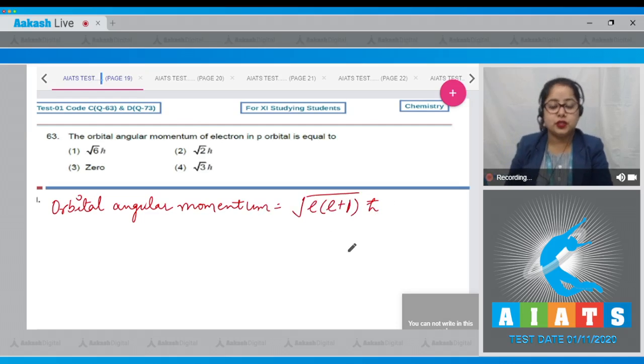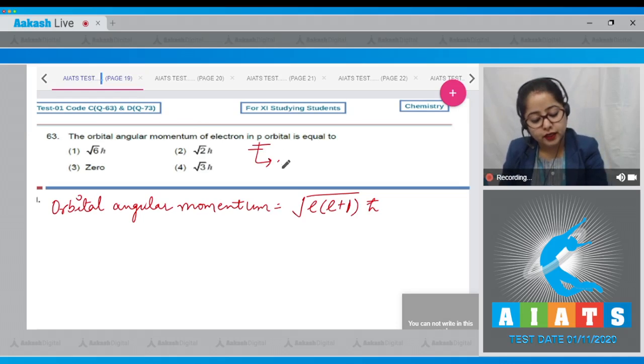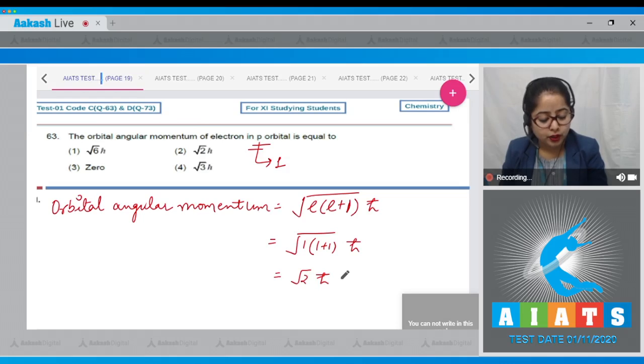Here L represents azimuthal quantum number, and for p orbital the value of L is 1. So under root 1 times (1 plus 1) H cross, which is equals to root 2 H cross. That means the correct answer is option number 2.